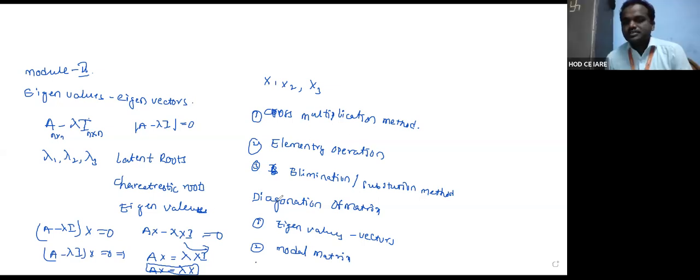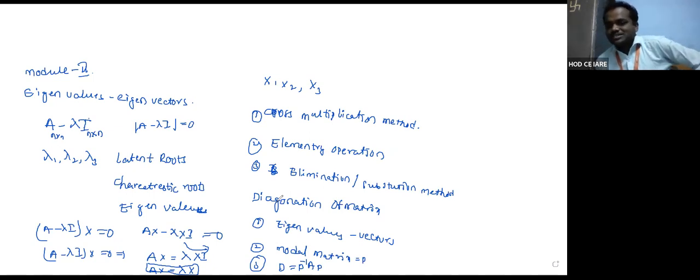Next, the third one is the model matrix, and then we write D is equal to P inverse A P. You find the P matrix, the model matrix, denoted by capital P. There we can use the inverse of matrices. There are different methods, so it is your wish. Any method you can use, but you find P inverse.